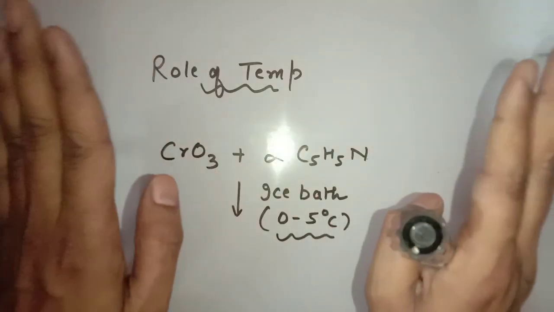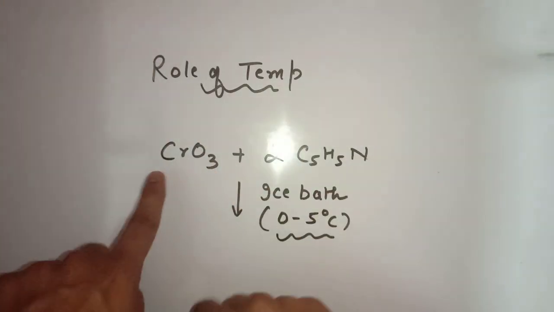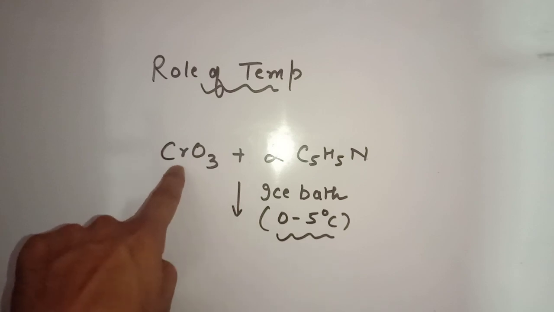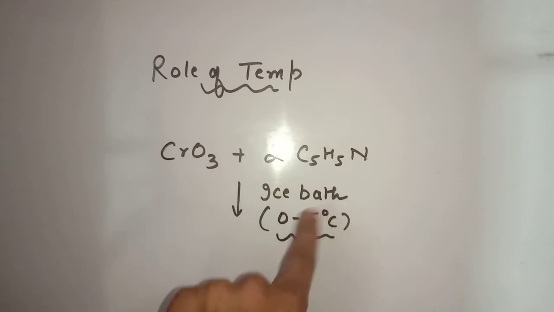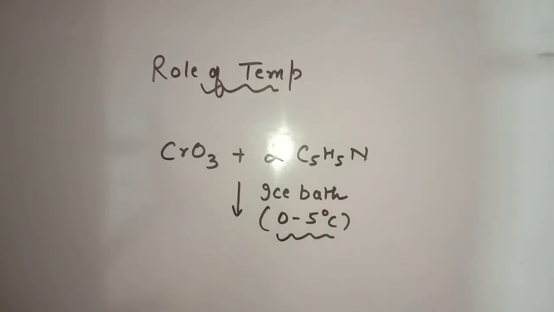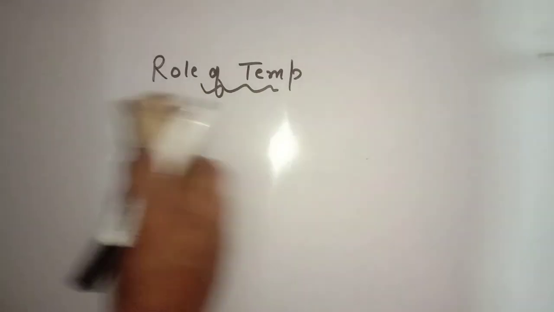So to control the reaction and protect this chromium trioxide from decomposition, we are performing this reaction in an ice bath, which will maintain the temperature 0 to 5 degrees Celsius. So please note down this role of temperature.